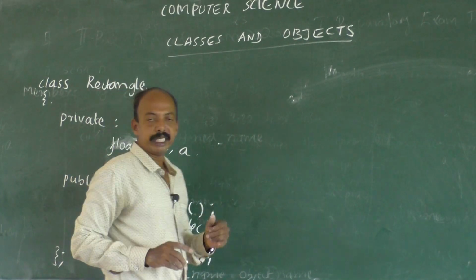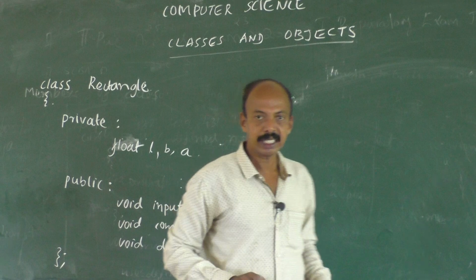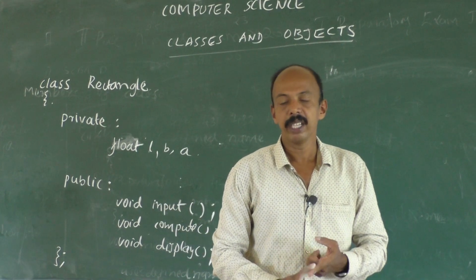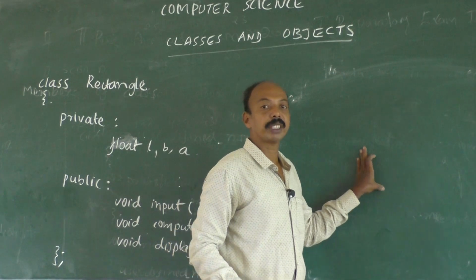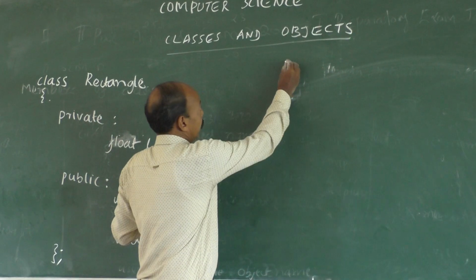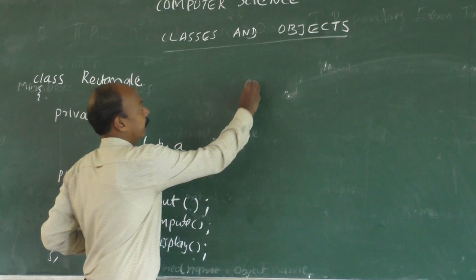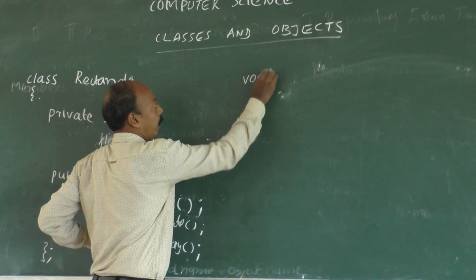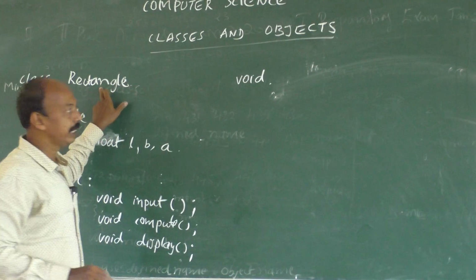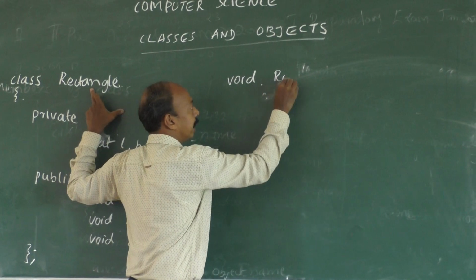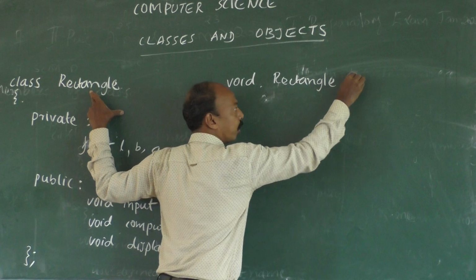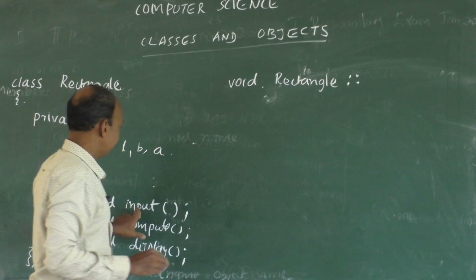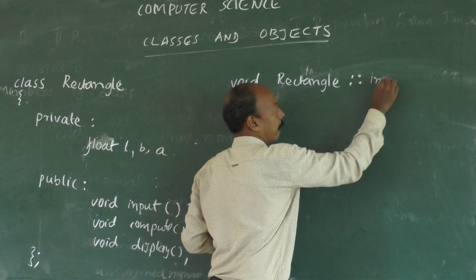So what is the syntax to write the functions outside the class? Return type, class name, scope resolution operator, then comes the function. So return type is void. What is the class name? Class name is rectangle. Scope resolution operator. Function name is input.